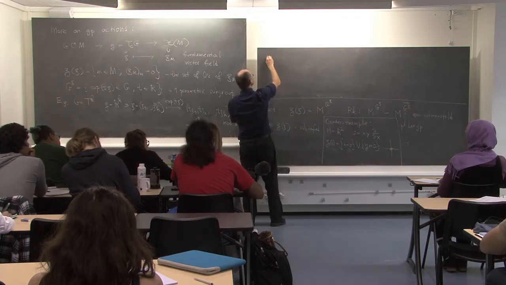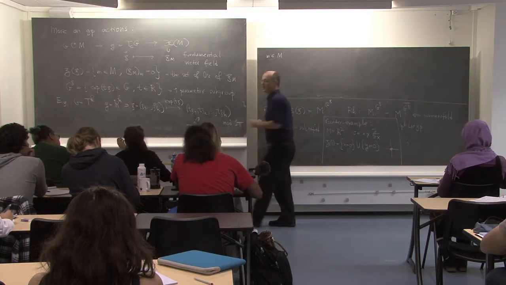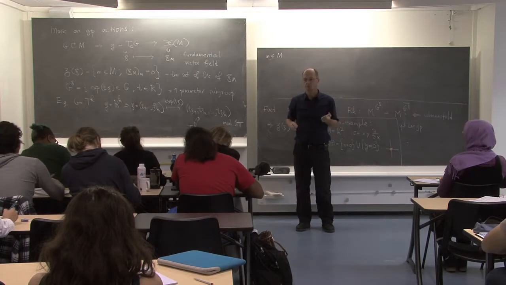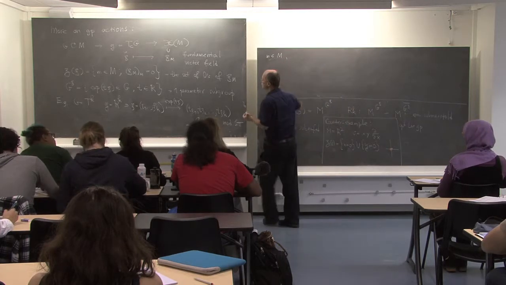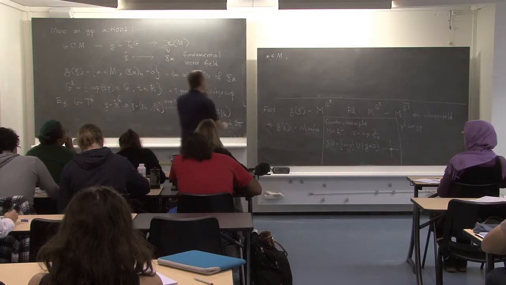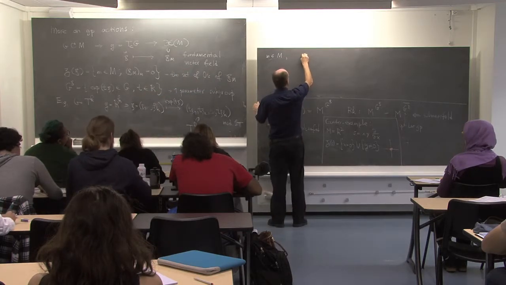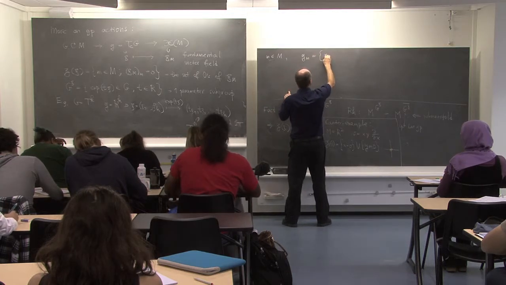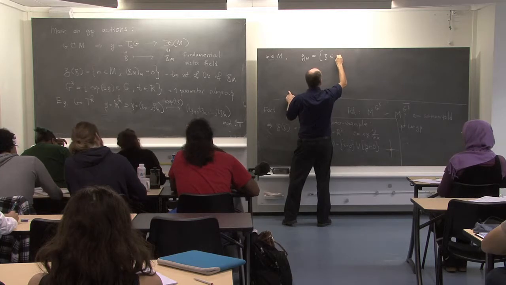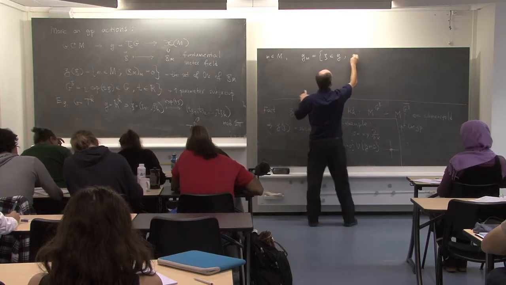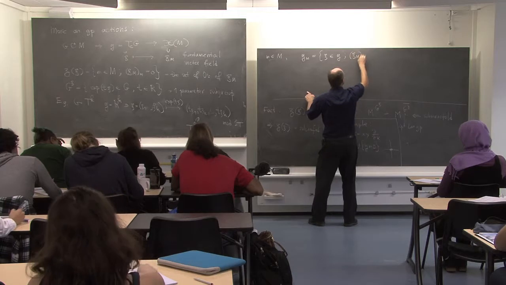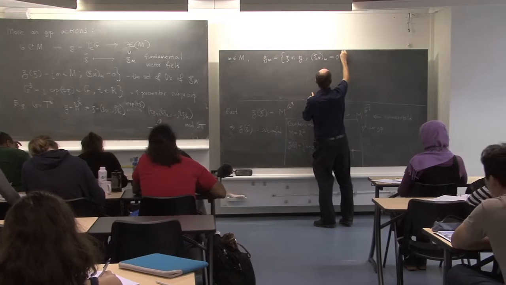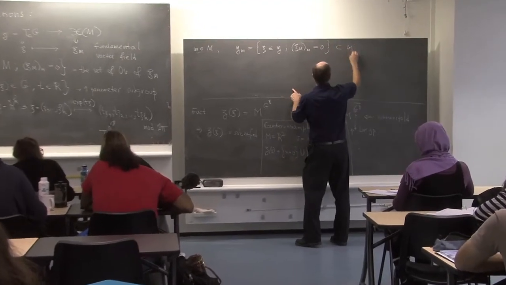So now let me choose a point of M. Recall that to points we associated these stabilizer subgroups. Now what we can do, since we have those fundamental vector fields, we can introduce g_M. This is the set of xi's in g such that M is a zero of the corresponding vector field.